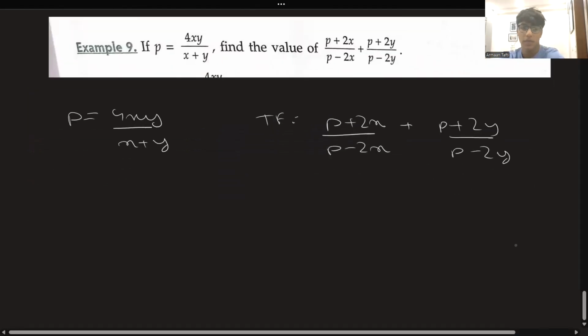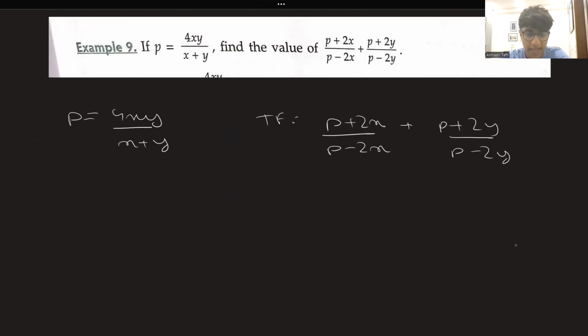So now you see 2x here, you see 2y here, but you see 4xy here, right? And by now you must be developing some slight feeling of how it works. (P plus 2x) by (p minus 2x): if something was done on a CND to get this, it would be p by 2x.